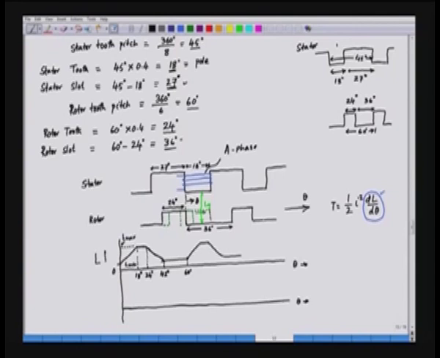So, here this is inductance, and here we can calculate dL by d theta. Here it is rising, so the derivative is constant and positive. Then from 18 to 24 the inductance value is constant, and hence the derivative will be 0.